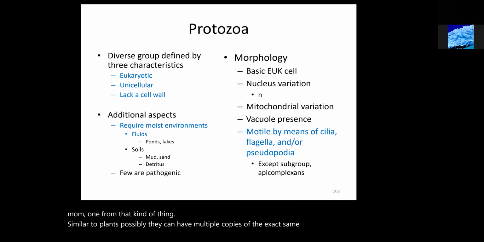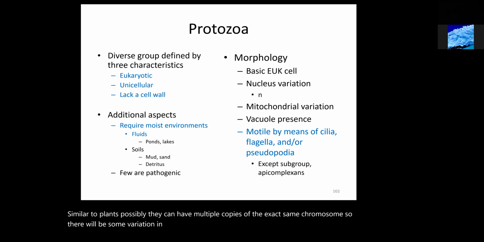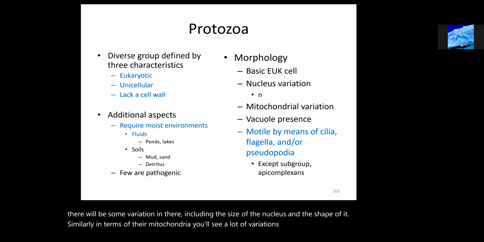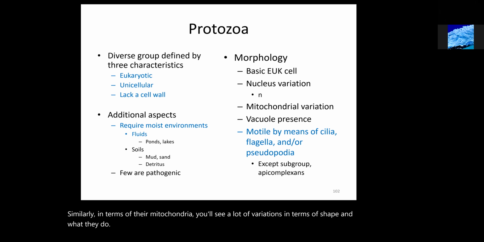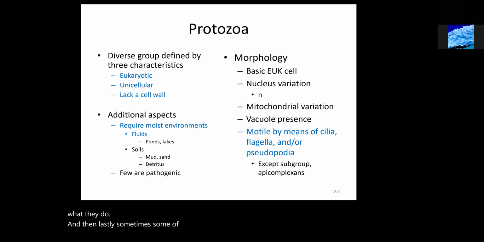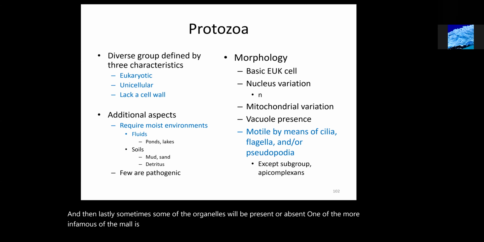There will be some variation in there, including the size of their nucleus and the shape of it. Similarly, in terms of their mitochondria, you'll see a lot of variations in shape and what they do. And lastly, sometimes some of the organelles will be present or absent. One of the more infamous of them all is the vacuole. Some of them that are almost plant-like will have vacuoles, some of them will not.